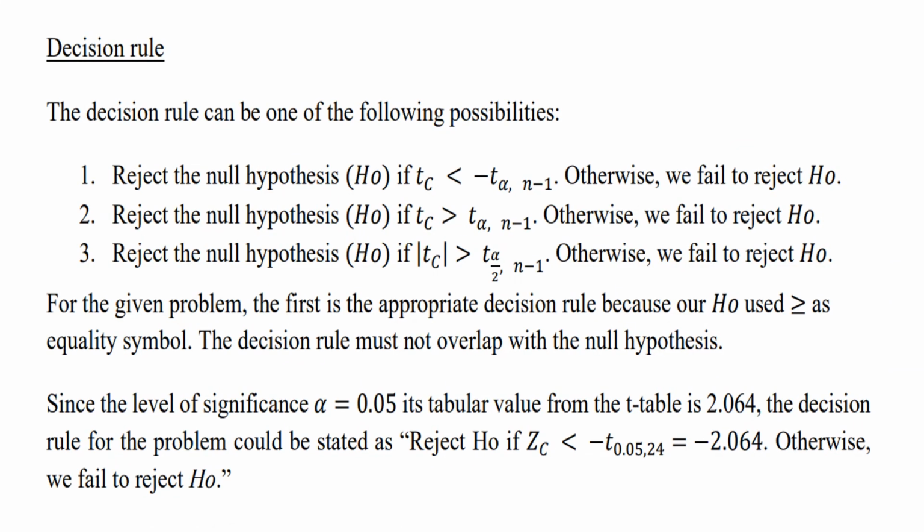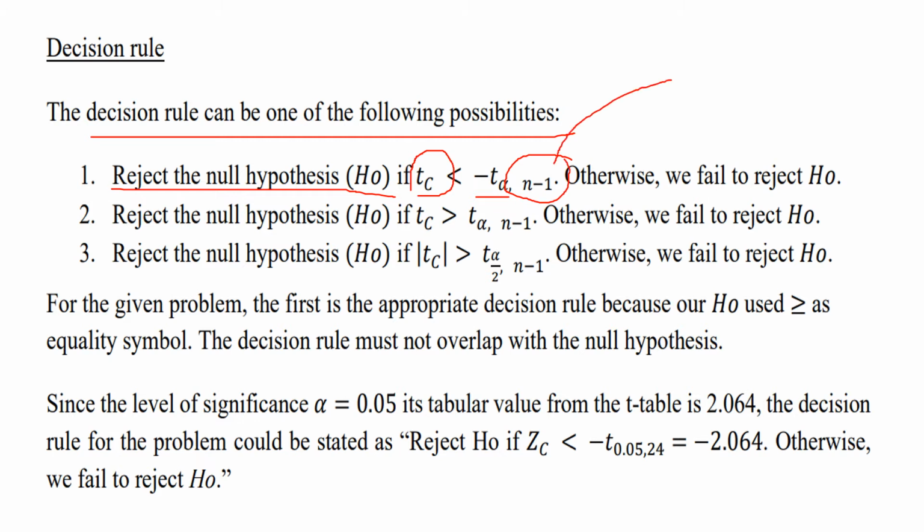So our decision rule can be one of the following possibilities. Number 1, we're going to reject the null hypothesis H0 if your computed t is less than the negative critical t with respect to n minus 1.